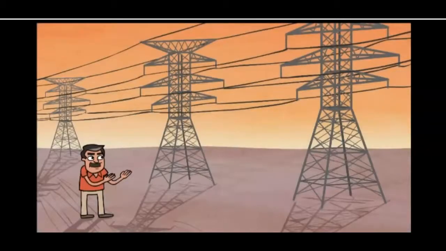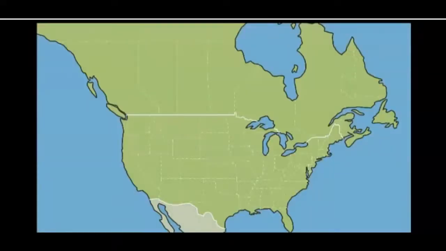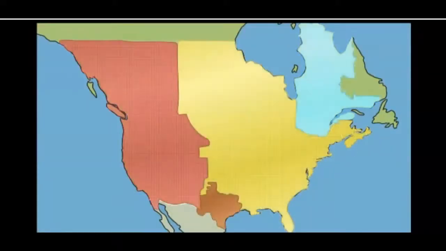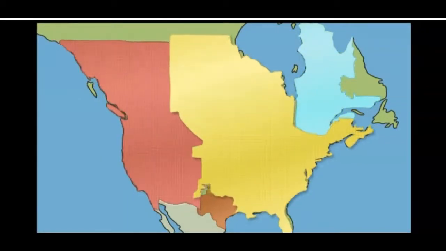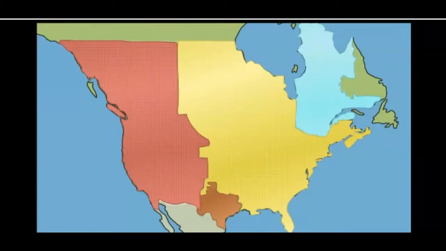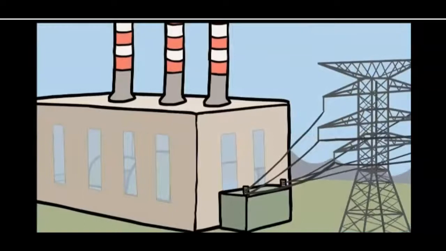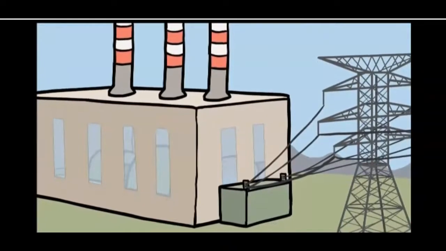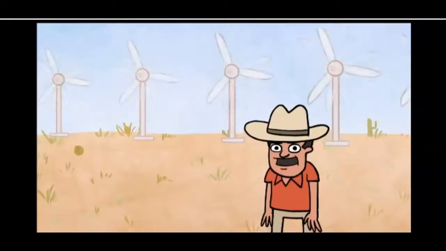Enter the electricity grid, also known as simply the grid. The North American electricity grid is actually made of 4 large grid systems: the Western grid, the Eastern grid, the Texas grid, and a grid covering the Canadian province of Quebec. These independent regional networks of power plants and transmission lines carry electric energy at high voltage within their area to local utilities.